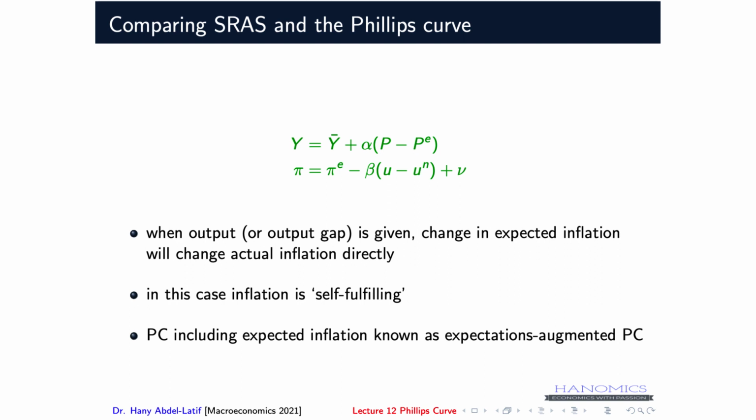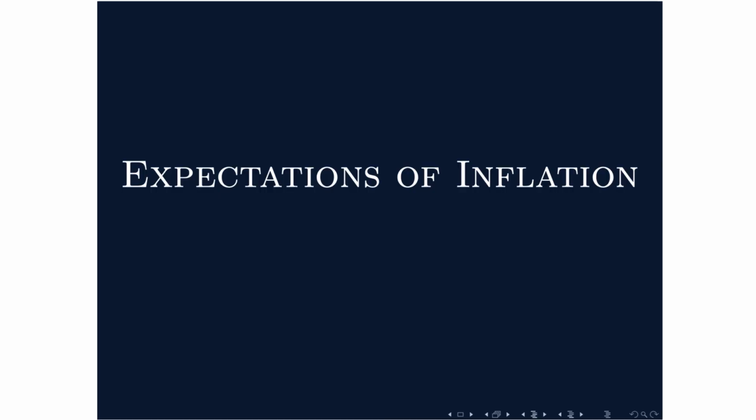If we move on from here, we look more into expectations of inflation, how that shaped our understanding of the original Phillips curve that we saw in 1958 in the original paper by Phillips, and how that has changed to include expectations.